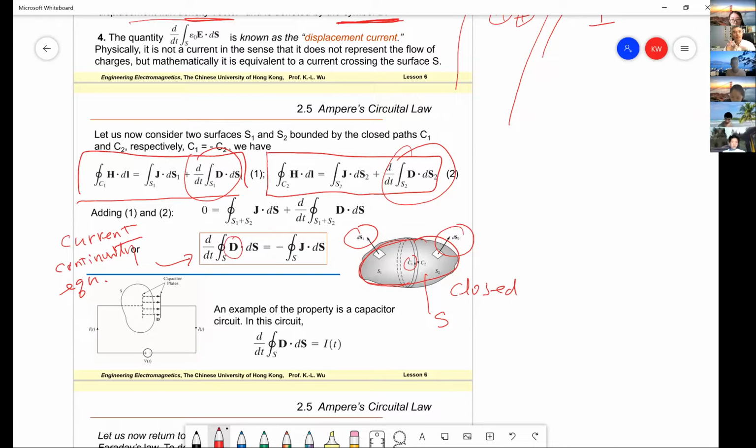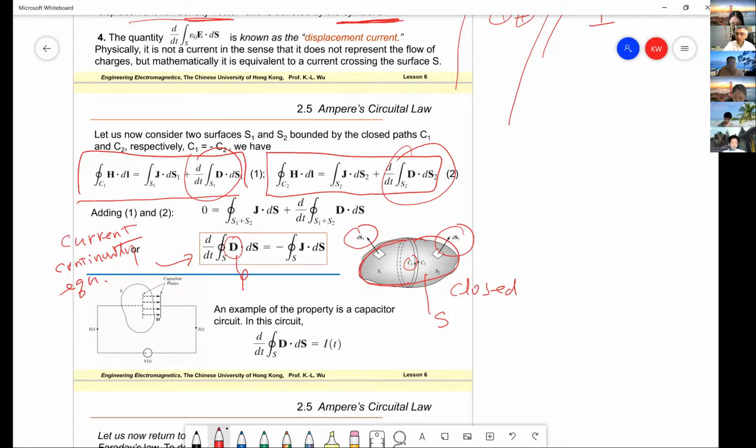The dimension of D, or you can say unit, is exactly that of charge density: Coulomb per square meter. So if we have a closed surface integration collecting all this charge over the surface, what is that?